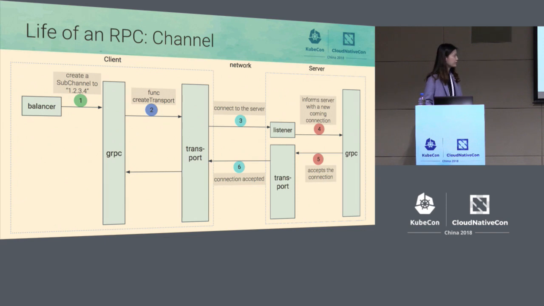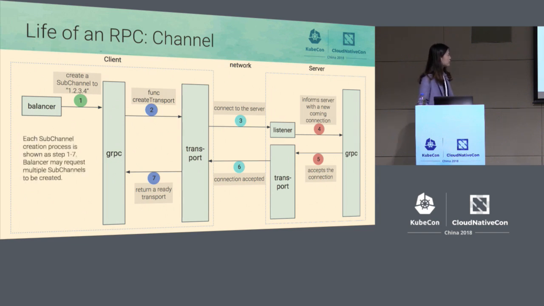By now the transport is fully set up, so the transport will return itself as a ready transport to gRPC. Each subchannel creation process follows steps 1 to 7, and the balancer may request multiple connections to be created, and they all follow the same procedure.